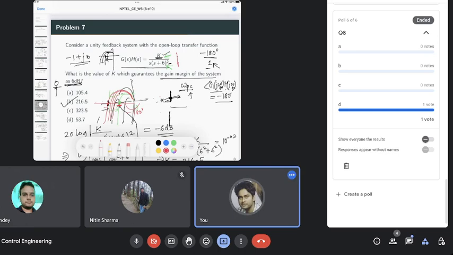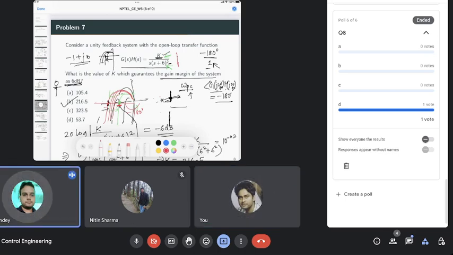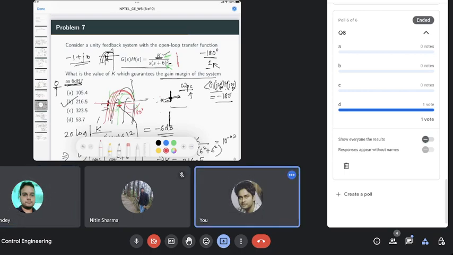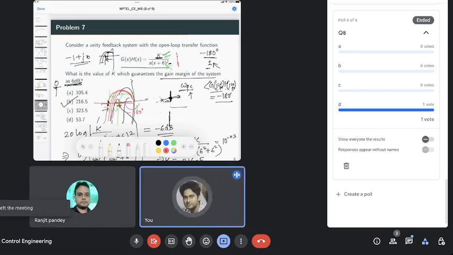Yes, sir. So when this angle is -180 degree, what do you call this? Phase crossover frequency, right? Yes, sir. I mean, you just compute when this polar plot is passing through -180 degree. That means its phase angle is -180 degree, so at the phase crossover frequency you want your gain to be less than 1, right?